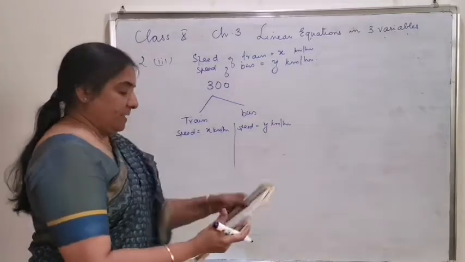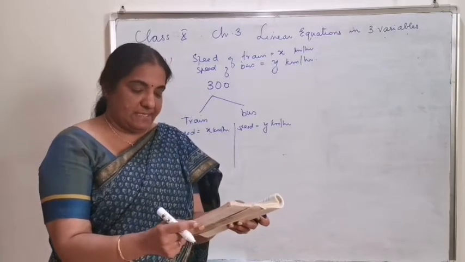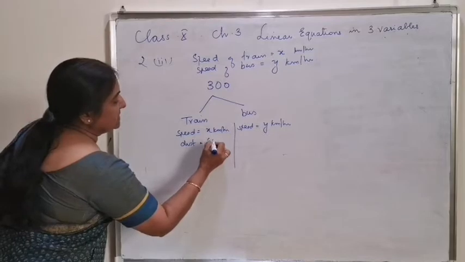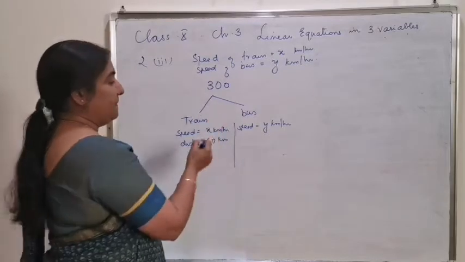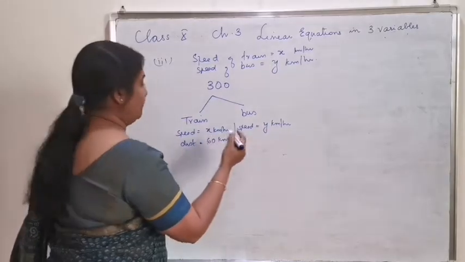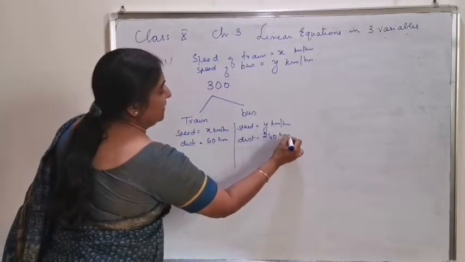The distance covered by train in the first combination is 60 kilometer. Therefore, the distance covered by bus is 300 minus 60, 240 kilometer.